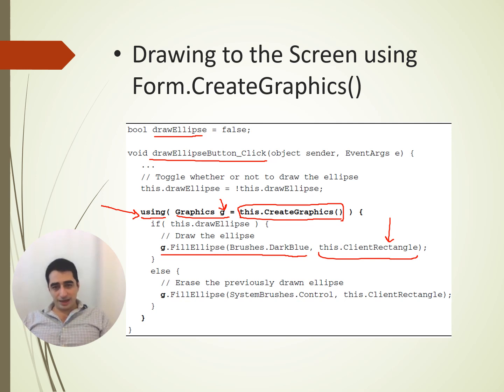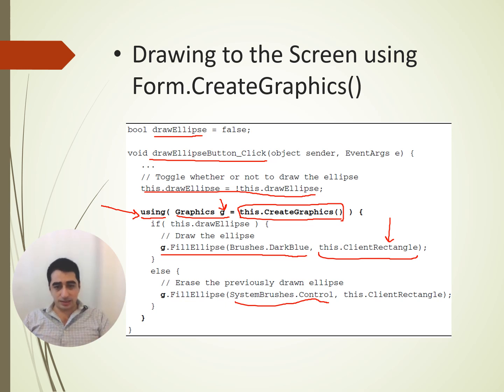But after every click on this button, we're going to flip the Boolean. So false becomes true, true becomes false. If it's true, we're going to draw the dark blue ellipse. Otherwise, if it's false, we're going to draw another ellipse with the same dimensions and same location, but this time the color would be SystemBrushes.Control, which is basically the same color as the default background color of every form that you create.